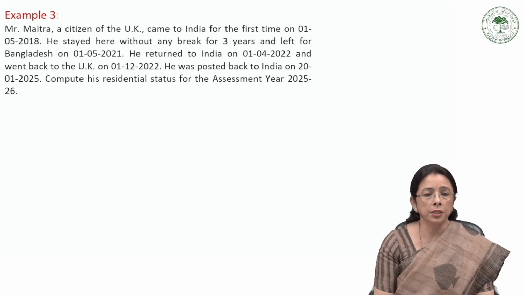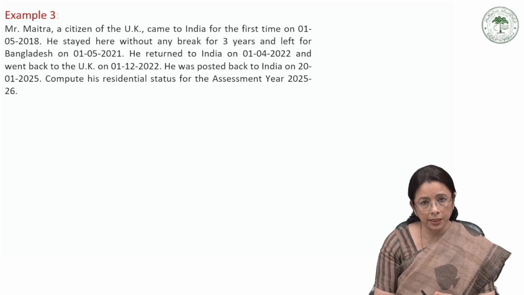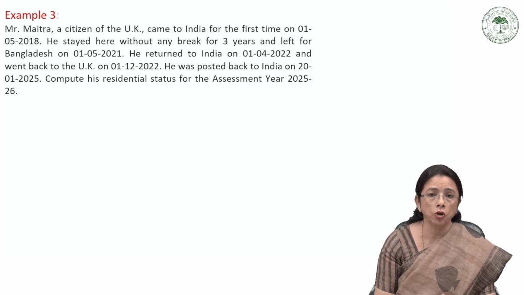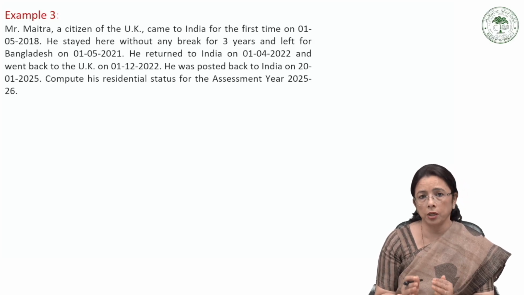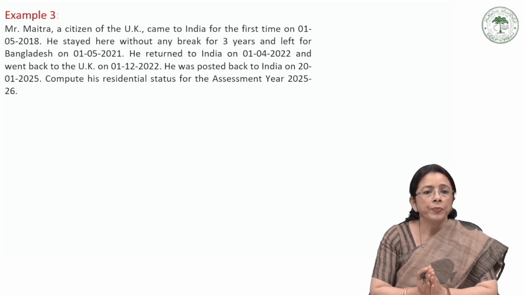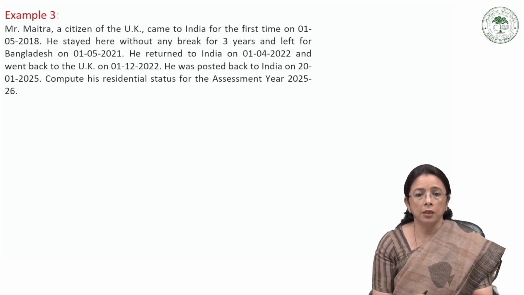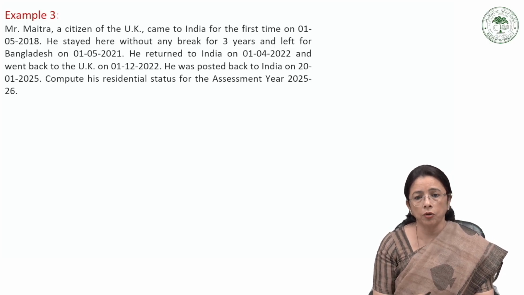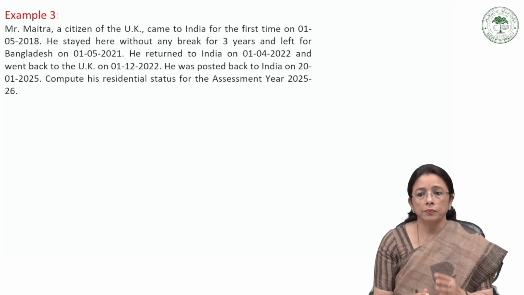Again, we will be discussing another example here, where we will decide whether the person is a resident or not, and if he is a resident, whether he is an ordinarily resident or a not ordinarily resident. So the example before us is that Mr. Maitra, a citizen of UK, came to India for the first time on 1st May 2018.